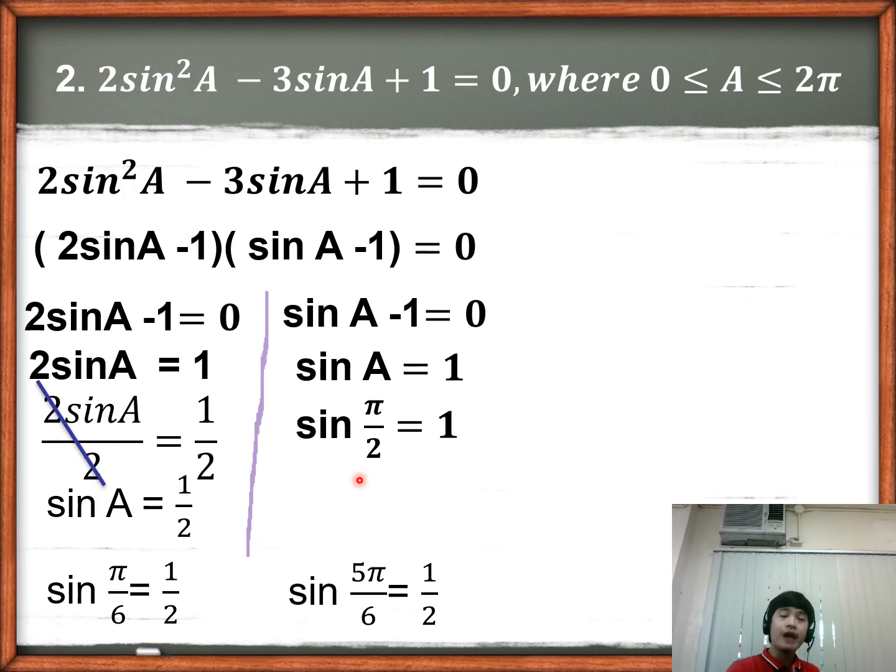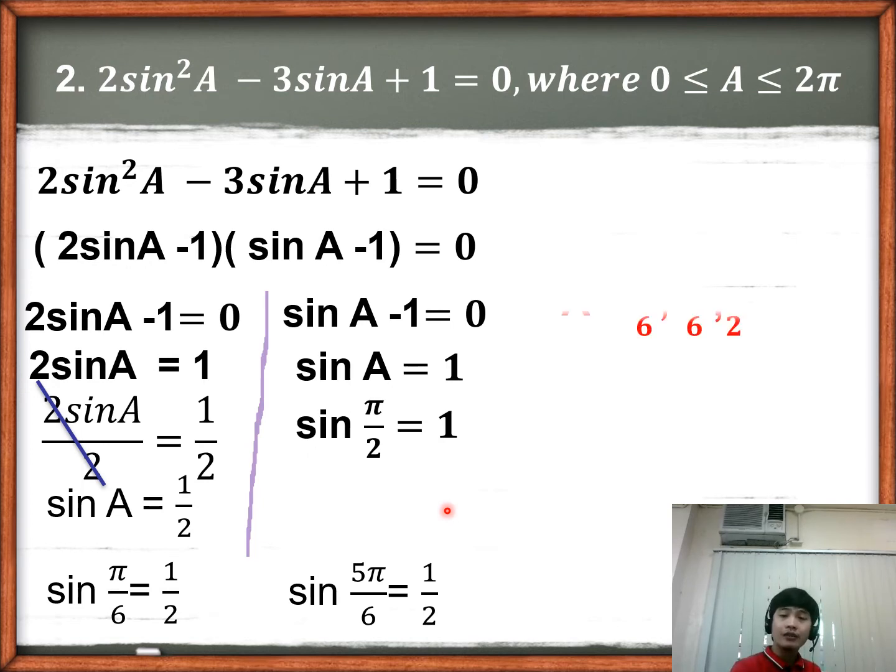And one particular quadrantal angle that will give you a value of 1 for sine is 90 degrees or pi over 2. Okay?